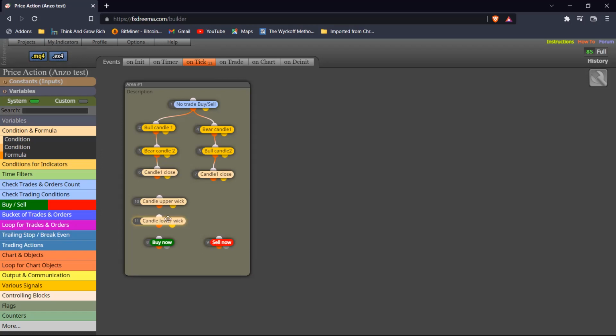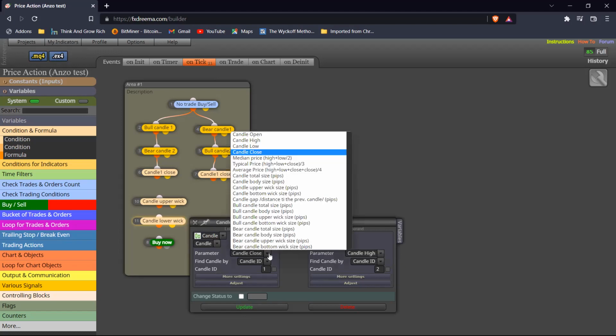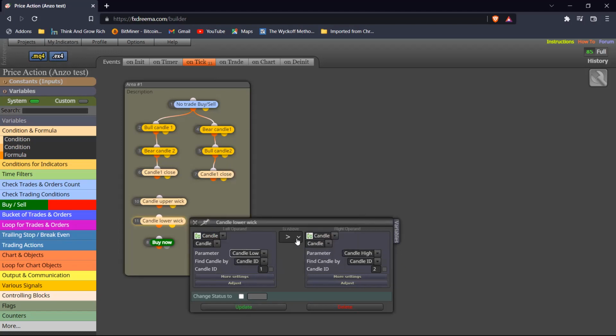Okay, so you see we're making this up as we go. So here in this case, we'll also check that candle one's, not close this time, candle one's low is also less than candle two's low.